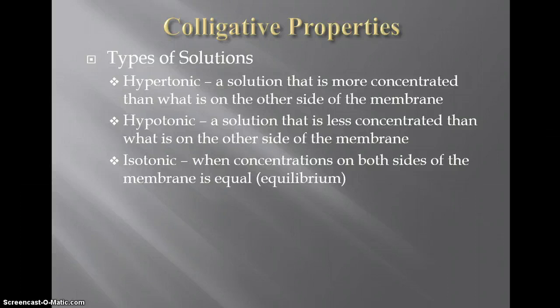So they have to design the solutions that they put in IVs as isotonic. That's important to the human body. So there's a lot of chemistry done even in something as simple as that. Well, I guess it's not so simple, but that would be an example where it's used in a real world situation.